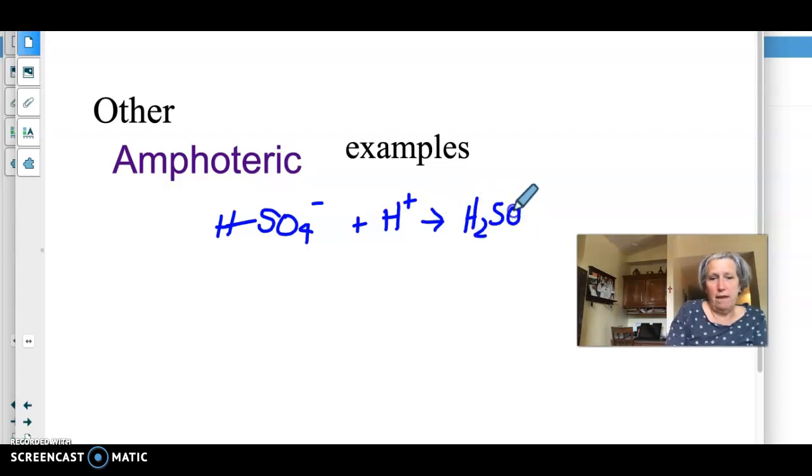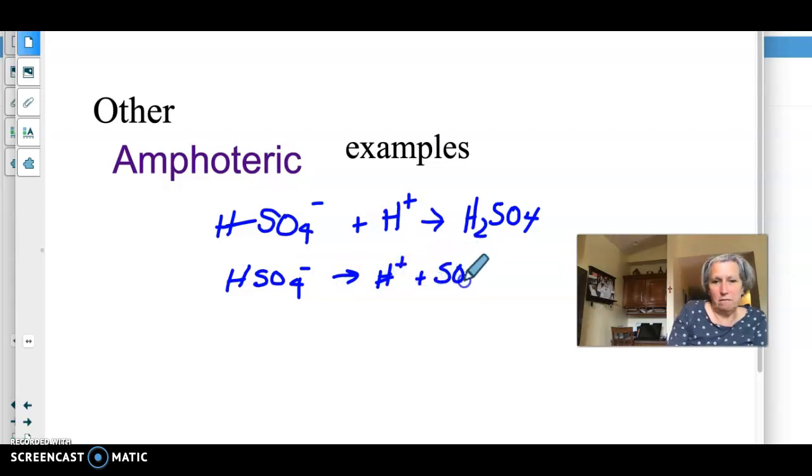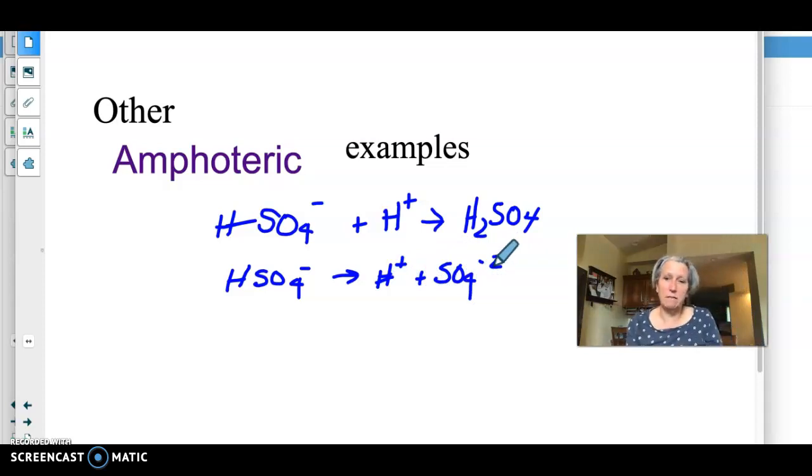And it can also lose a hydrogen, so we can have HSO4 minus, the hydrogen sulfate ion, losing that and becoming an H plus and a sulfate anion. So that represents another species that is amphoteric.